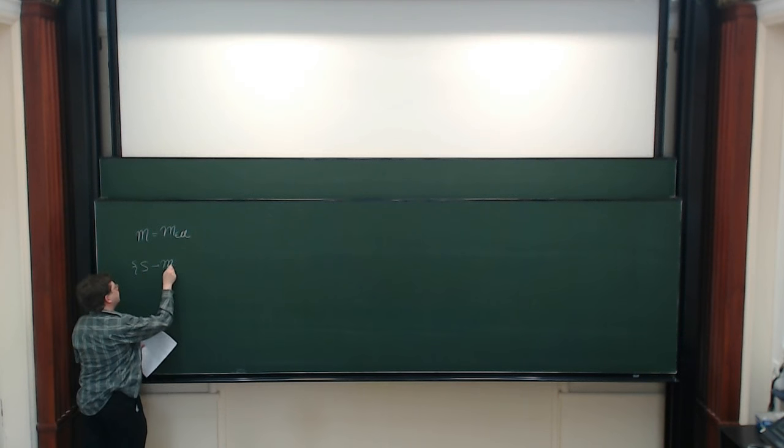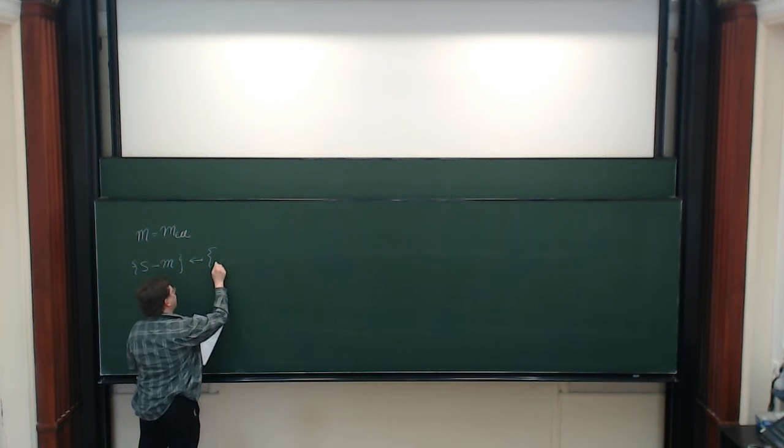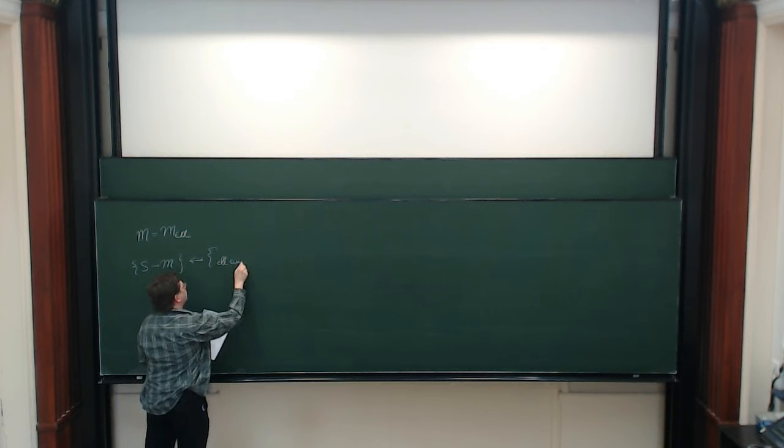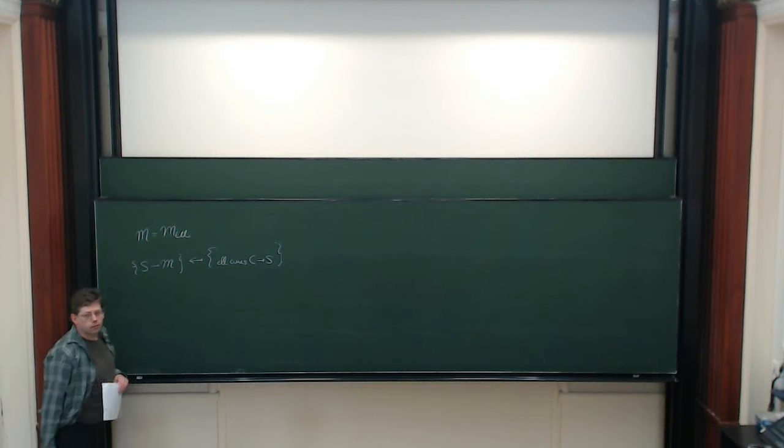So if you remember from the first lecture, there was this gadget called the moduli stack of elliptic curves, smooth elliptic curves. So for our purposes, all you really need to know is that if you have a scheme S and you look at the collection of all maps into M, this is supposed to correspond to all elliptic curves C over the base scheme S. And of course, you have to interpret this in the right way.